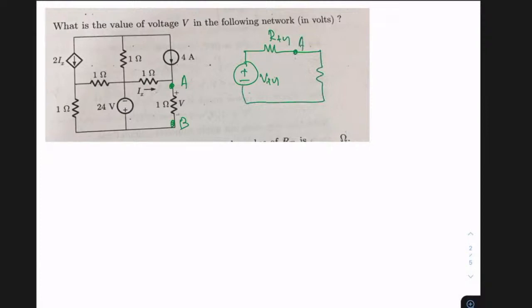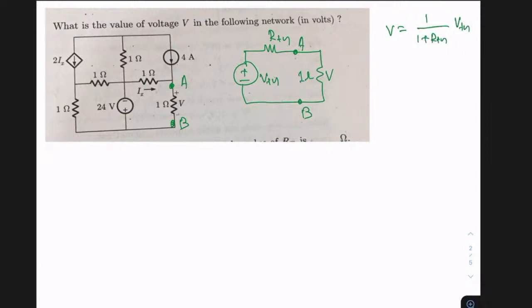That means from the AB terminal, the rest of the network can be replaced by a Thevenin model. So this is your 1 ohm and this is your V. And if I ask you what is V, by the voltage division rule it is 1 divided by 1 plus RTH, multiplied by VTH. Isn't it?